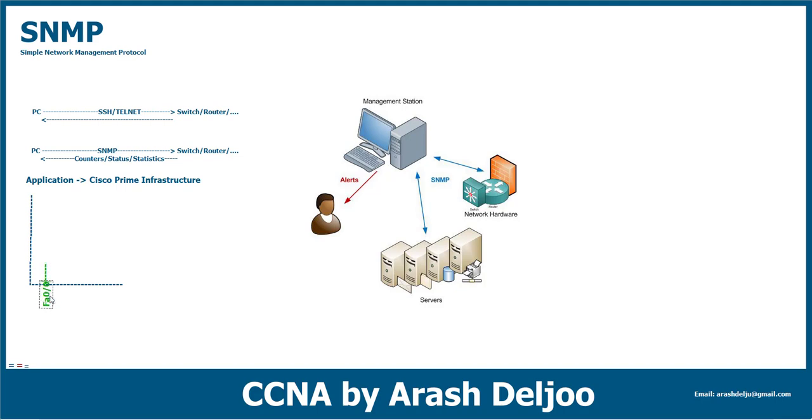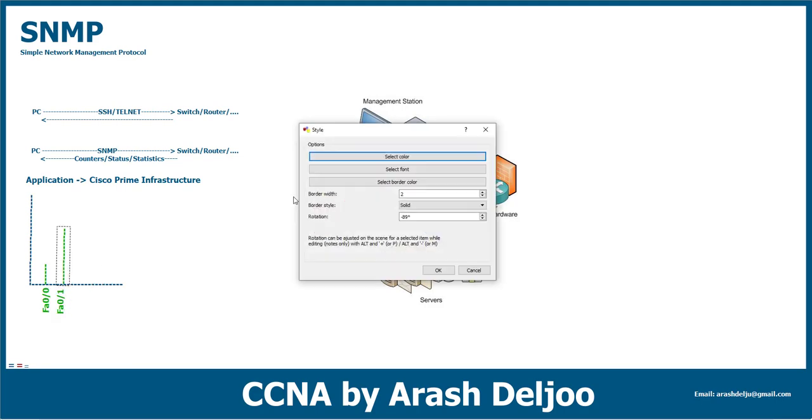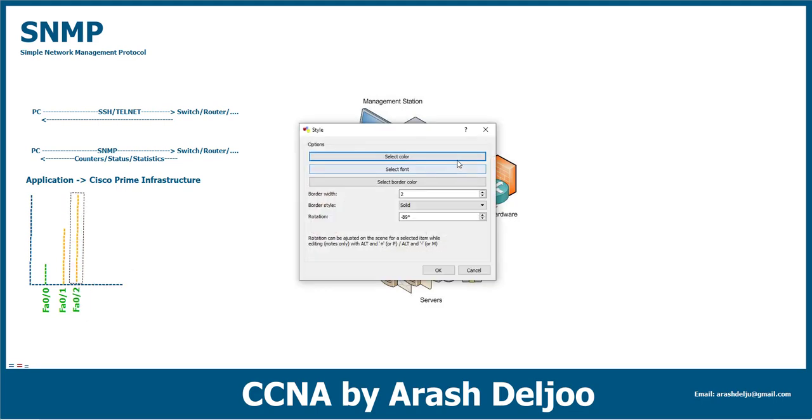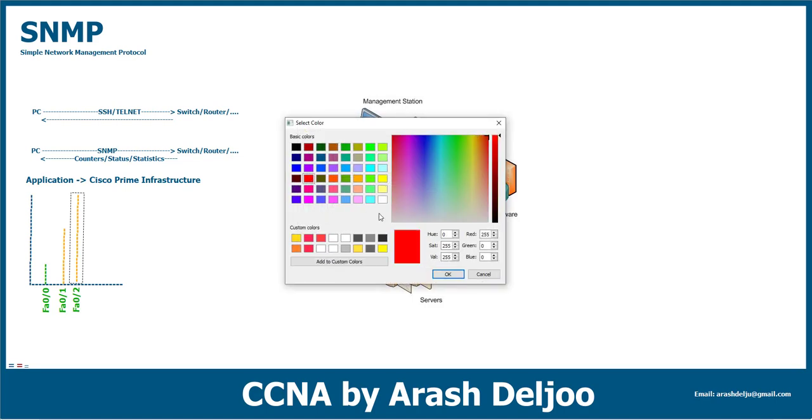For another interface, maybe we experience higher load, and maybe you can see another color, like orange. And for another interface, FastEthernet 0/2, we are experiencing more load, and this interface's load is now passing the threshold that you have defined before.